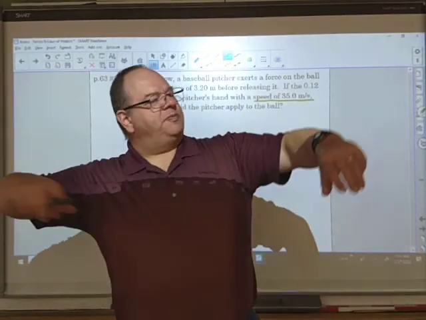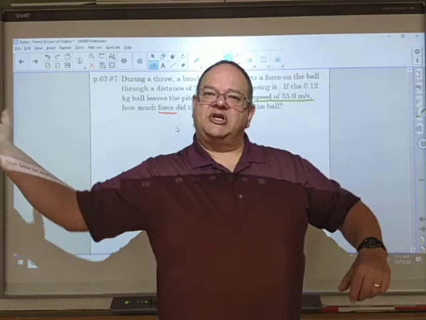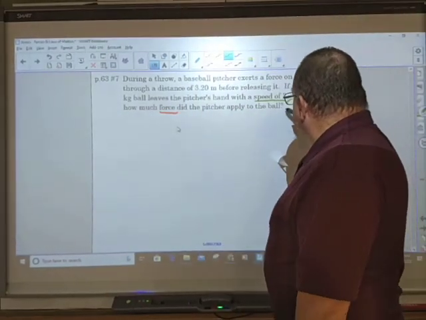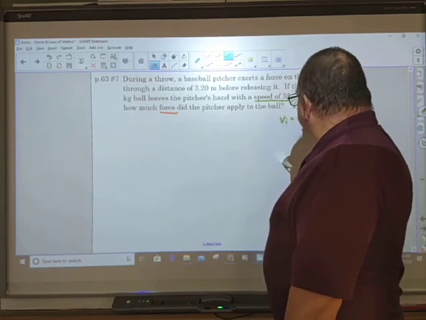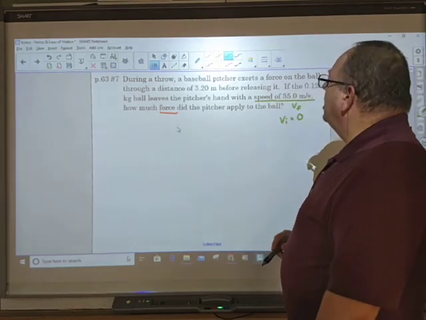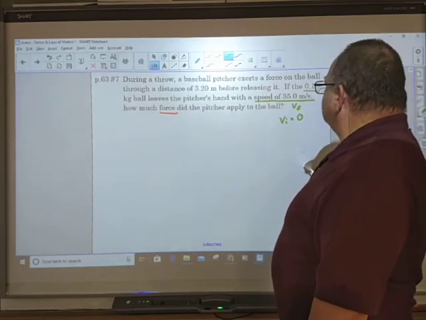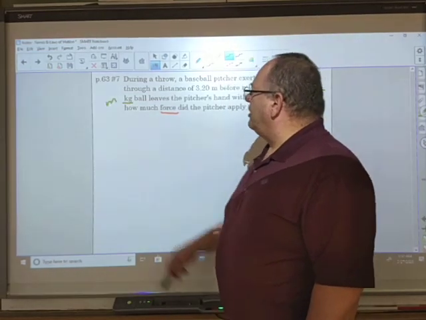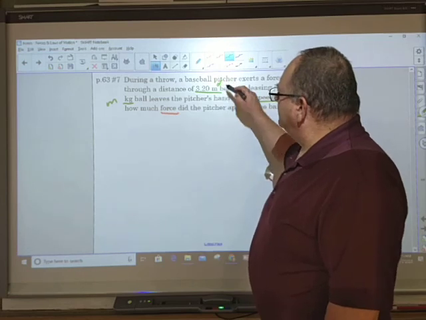Well, when the ball was back here, before the pitcher starts accelerating, the ball was at 0. So we know an initial velocity and a final velocity. Here's the final velocity. We also know the initial velocity was 0. We have a mass, 0.12 kilograms, so we have a mass of the ball, and we have a distance.